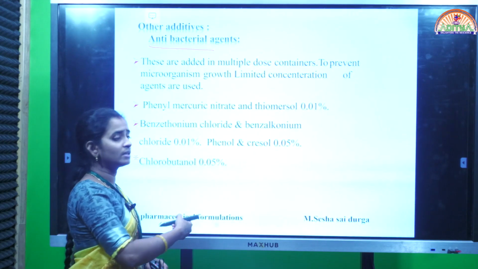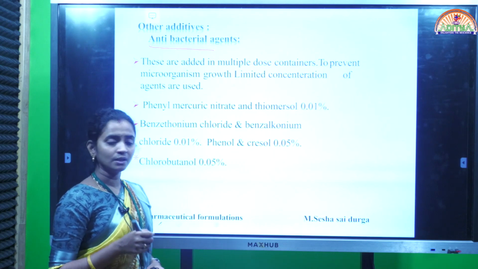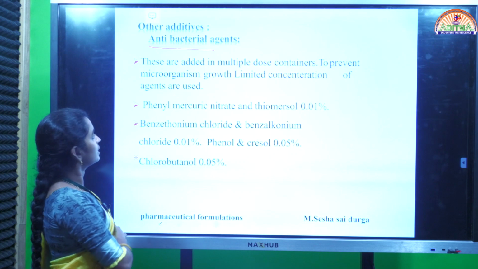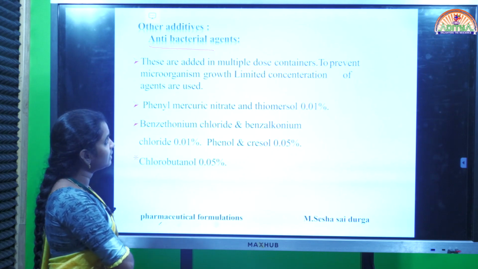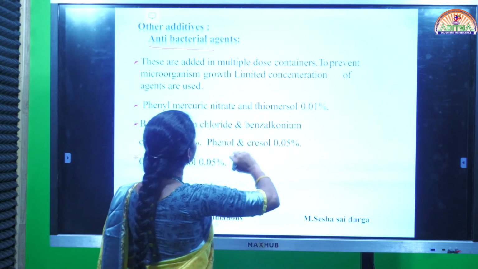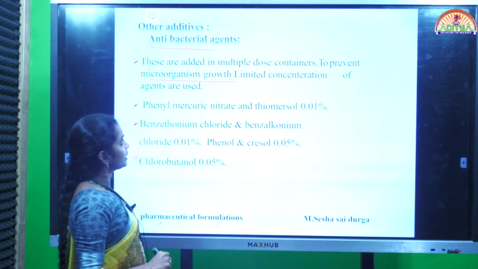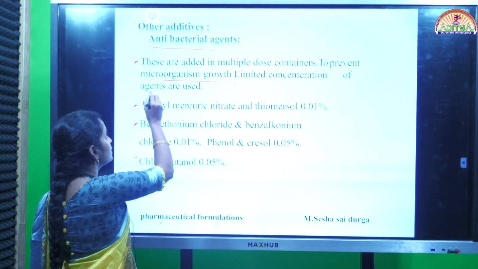I already discussed this antibacterial agent in the preparation of the bacteriostatic water. So what antibacterial agents can be used and why are they used? See here, these are added in multiple dose containers to prevent microorganism growth, and limited concentrations of the agents are used.